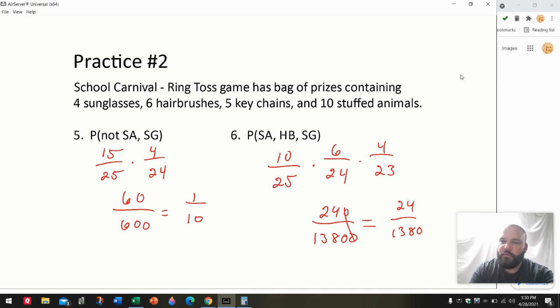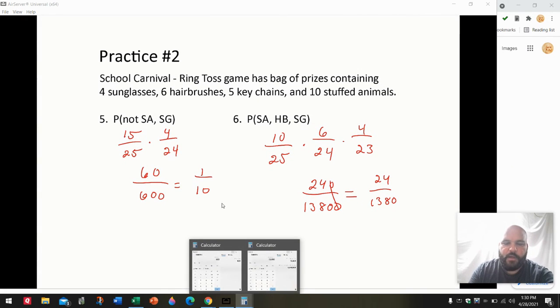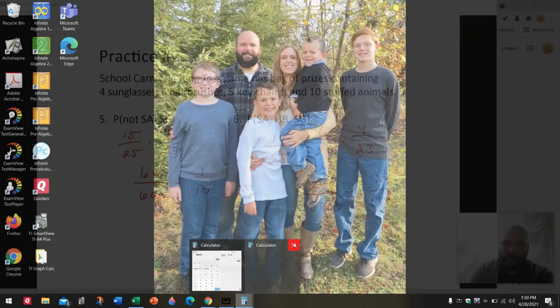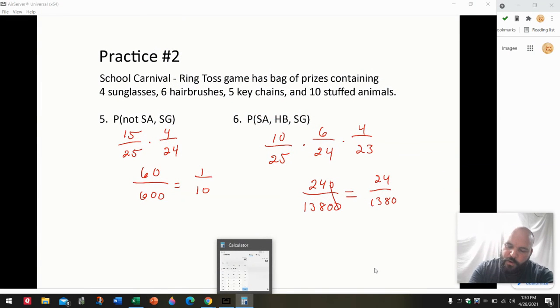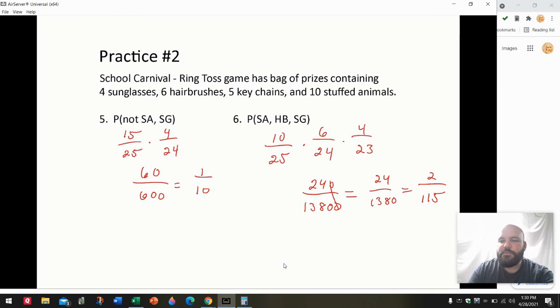So I'm saying 12 will go into both of those. Let's see if we can divide both of those by 12. I know 24 is divisible by 12. 24 divided by 12 is 2. And let's see if 1,380 is divisible by 12. 1,380 divided by 12, and you get 115. And there we go. So there's the reduced fraction.